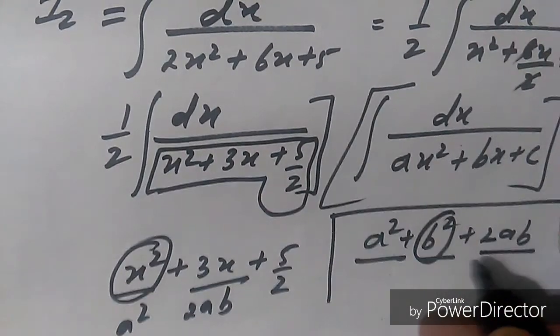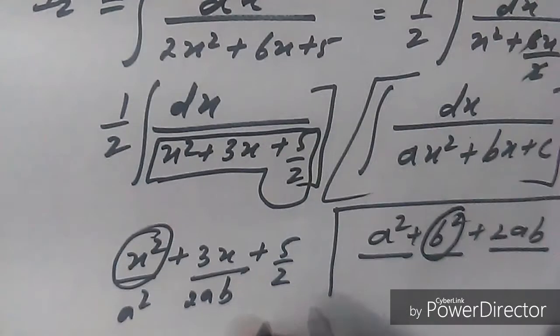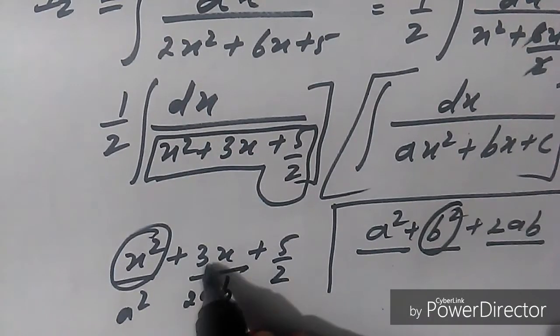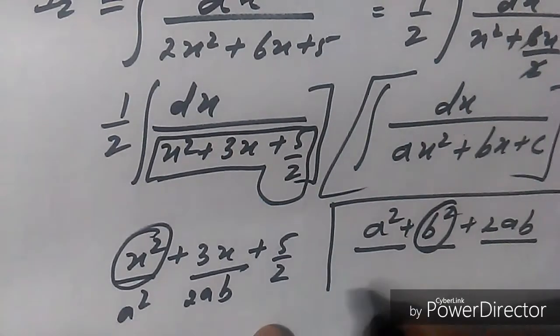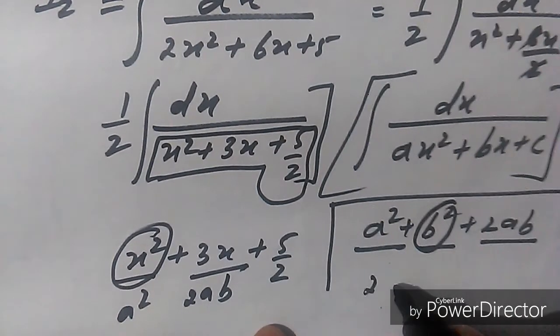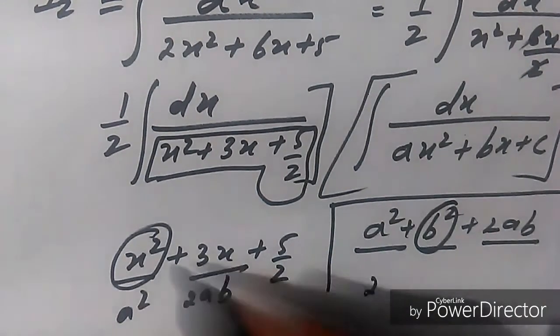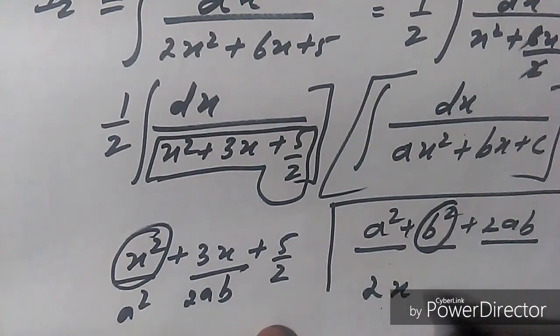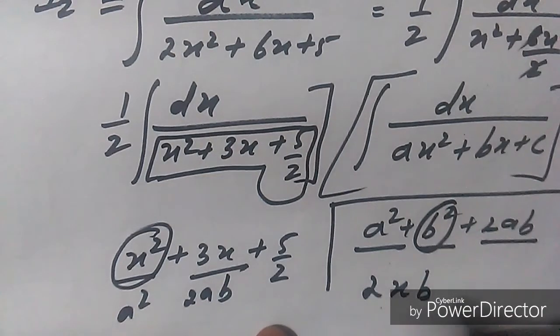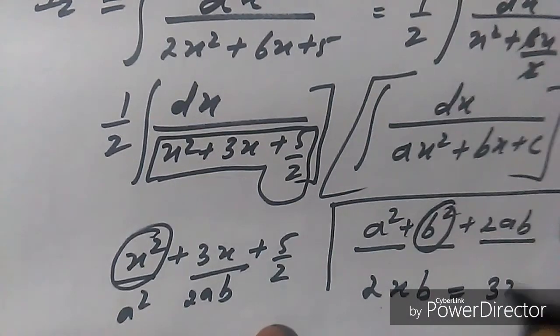We find b by the way of 2ab. Here 2a is equal to 2x and 2ab is equal to 3x.